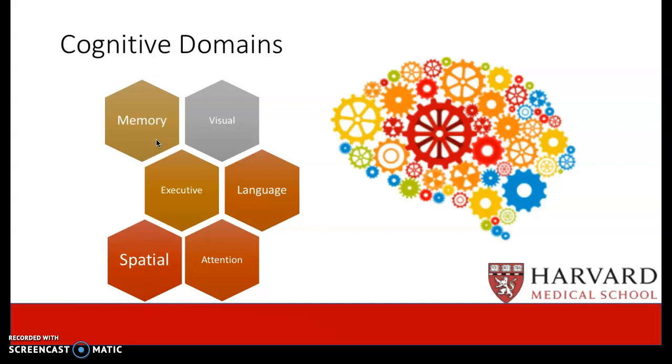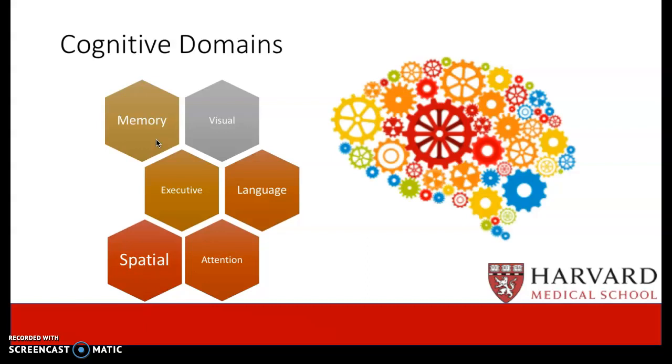When you have difficulty with cognitive domains, like the visual one, some people with dementia or strokes and other problems will see a pair of eyes and a mouth and a nose, but they won't know that it's a face because their cognitive visual domain is affected. Another example of this is looking at a tree and seeing leaves, branches, a trunk, but not being able to put that all together and understand that it represents a tree.